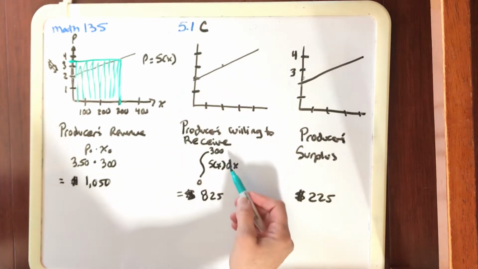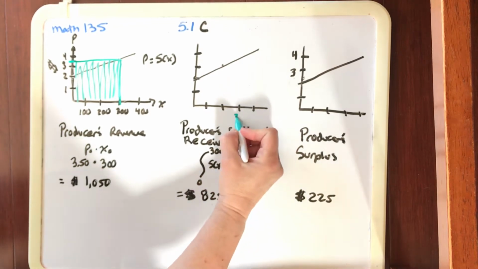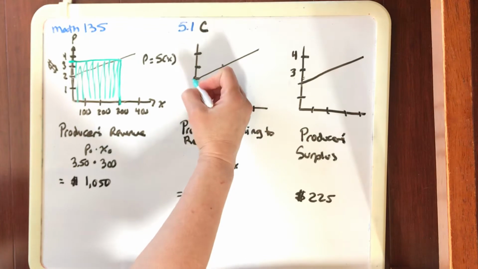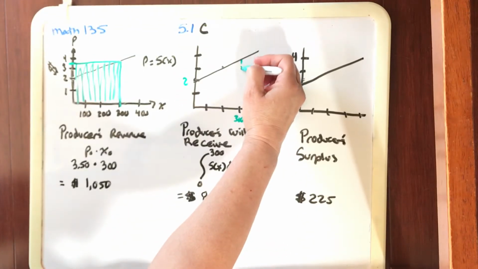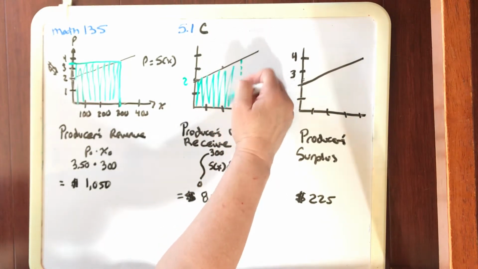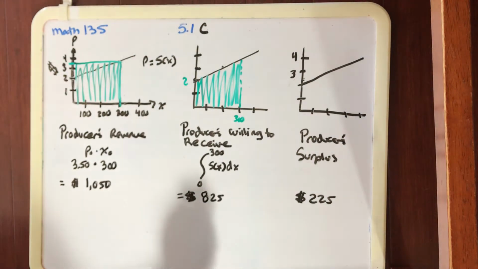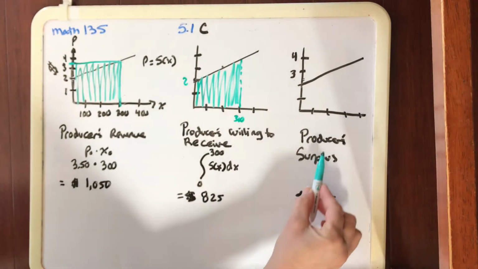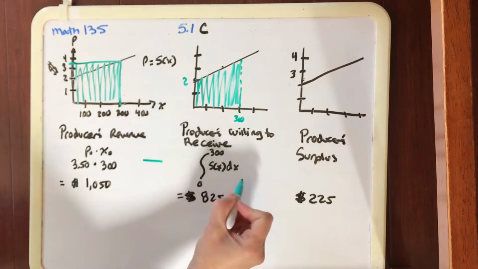Producer willing to receive. Willing to receive from 0 to 300. Here's 300 again. We're going up to here, to 2. And it is this area right here, all this in here, is what she's willing to receive, okay? Now notice, the producer's surplus, we said it's when we subtract these two.